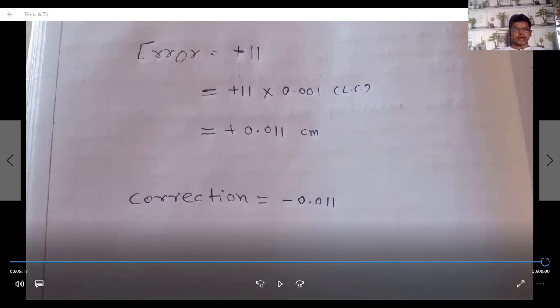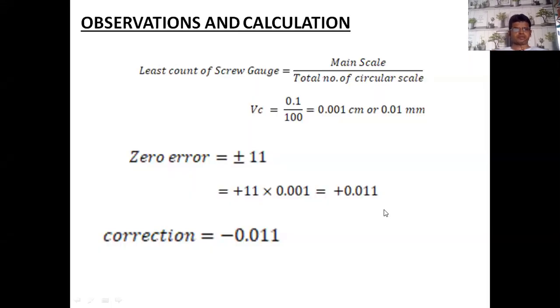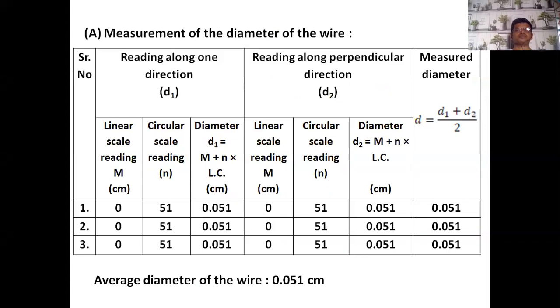So as per the table, first we show the table here, so this level we complete here. Now second level, part A, measurement of the diameter of the wire. For that we want some values like the main scale and the circular scale, but in the wire we take two angles. One angle is one direction and the second is perpendicular.